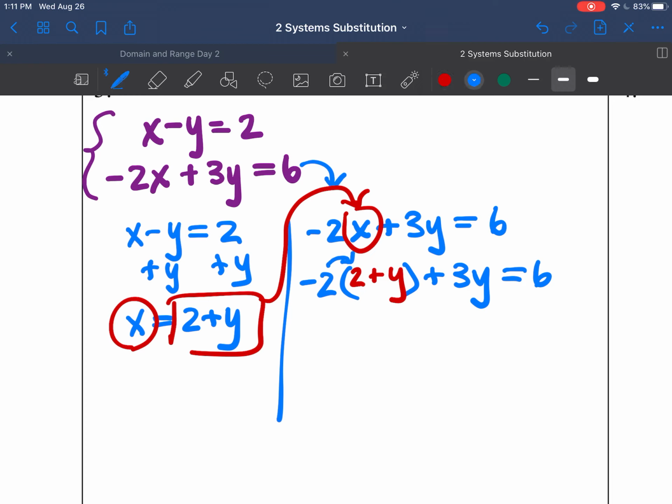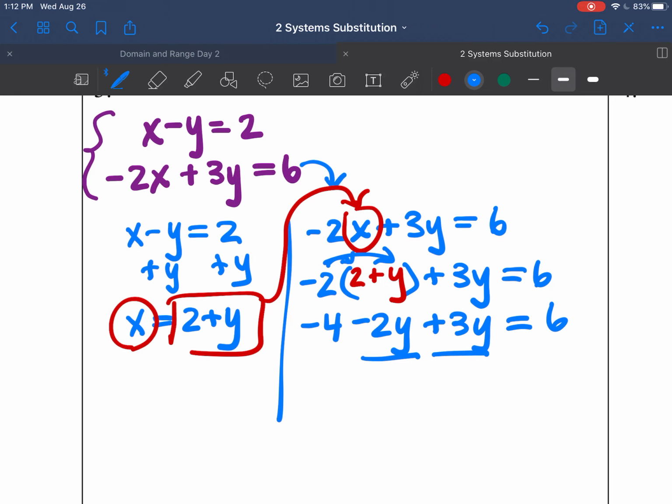And then now we're ready to distribute the negative 2, giving us negative 4. Oh, it's going to be minus 2y plus 3y equals 6. And combining our like terms, negative 2 plus 3 is just 1y.